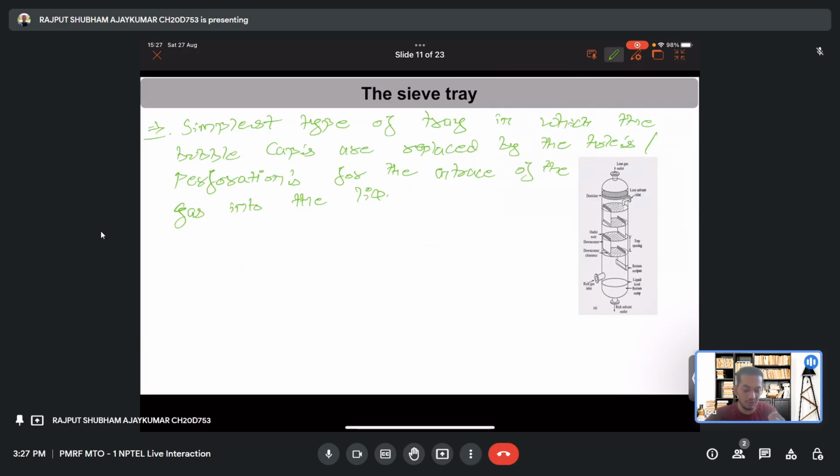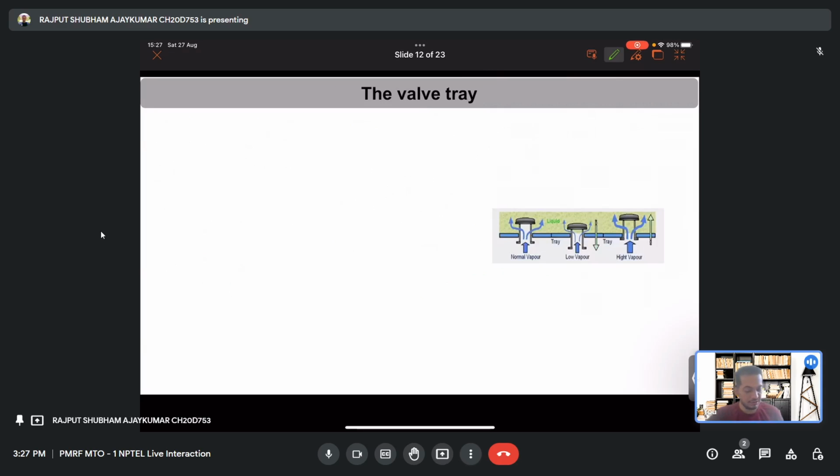They are called small slits, and also called perforated trays. So the sieve tray is also known as a perforated tray because there are small perforations, and the holes are usually of the size 1/8 to half inch, because they are relatively very small compared to the bubble cap trays. Okay, the other one is a valve tray.